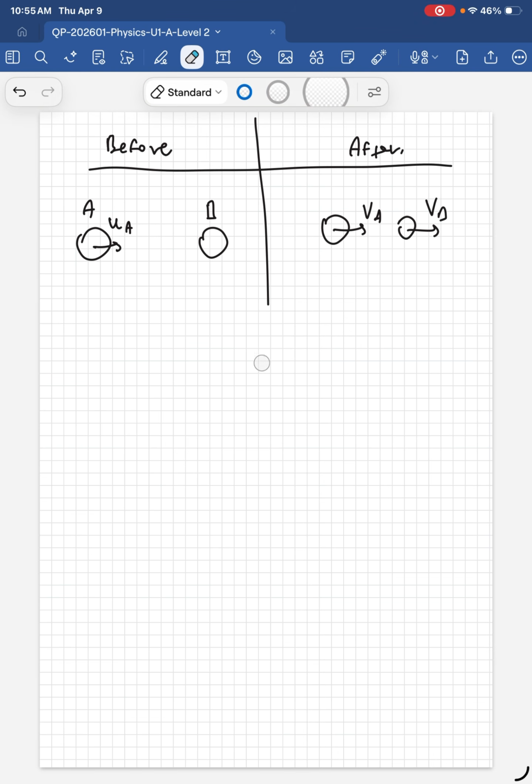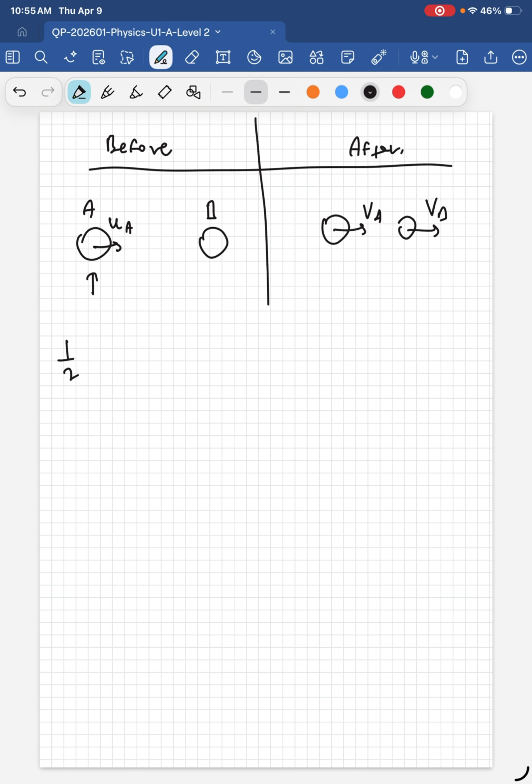So we need to find the initial speed. They give us the initial kinetic energy of stone A, so we can use that. 1/2 mA uA squared is 3.8 joules. Therefore, uA is the square root of 2 times 3.8 over 18, and this is equal to 0.65 meters per second.